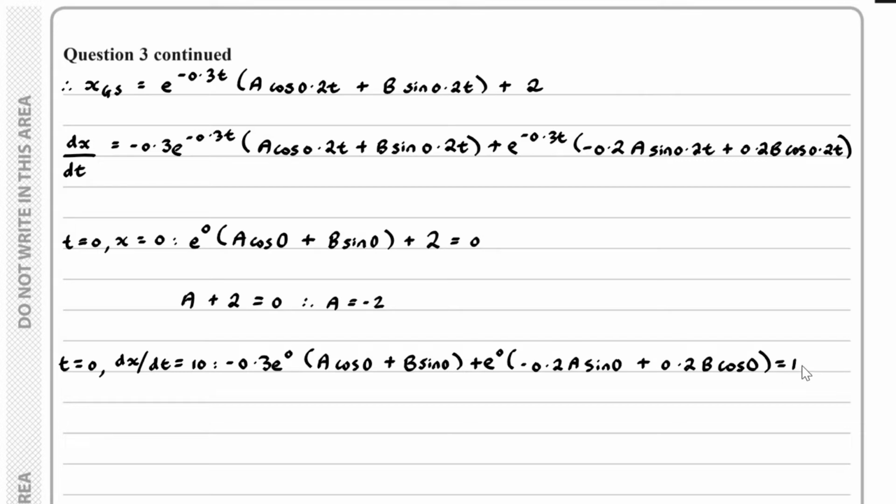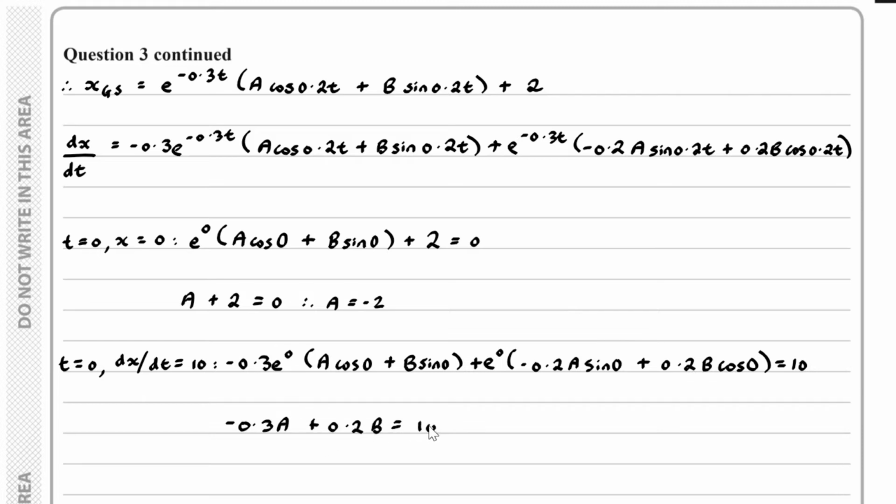And all of this is equal to 10. So recognizing that the sine of 0 is equal to 0, we've got here minus 0.3 times a. Of course, cosine of 0 is 1. So we've got minus 0.3 times a. And then we've got 0.2 times b.